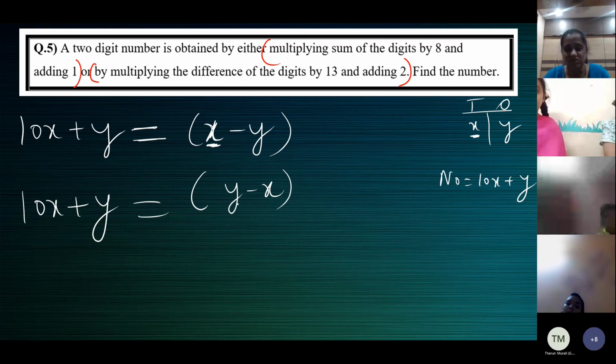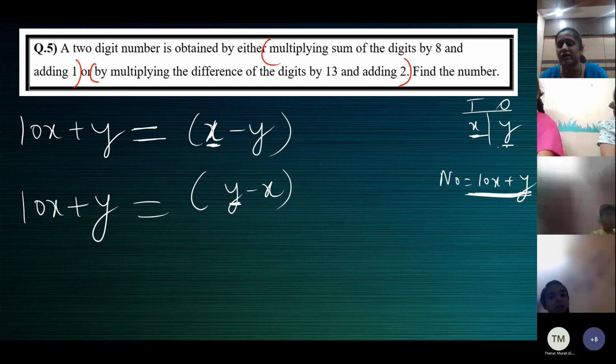If the units digit is greater, it will be y minus x. Digits means x and y. See, very simple. The number is 10x plus y. If it's the number, you must say 10x plus y. If it's about the digits, you should say x and y.